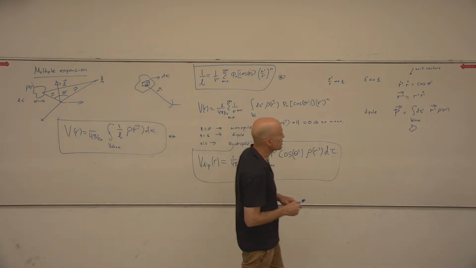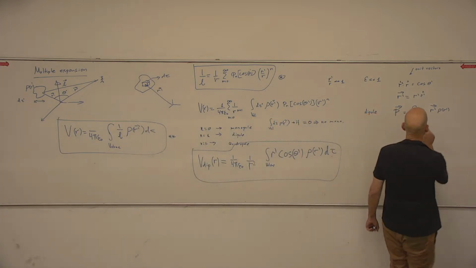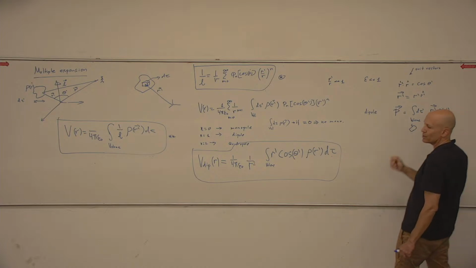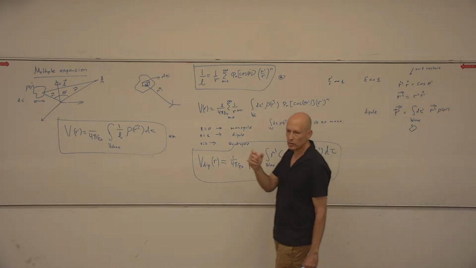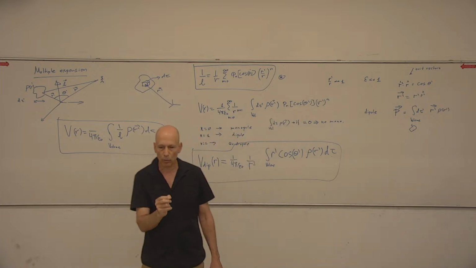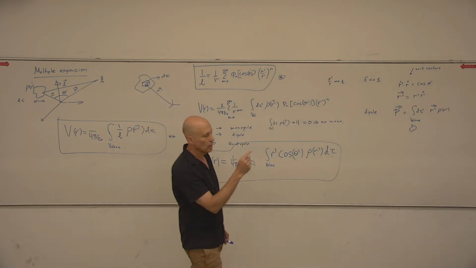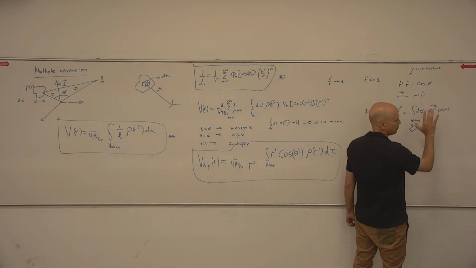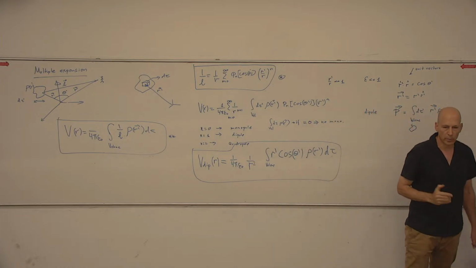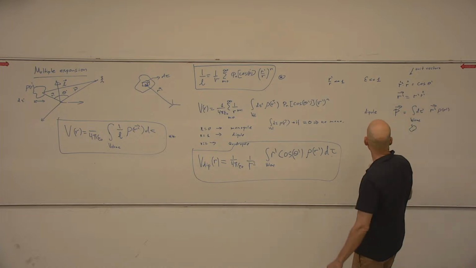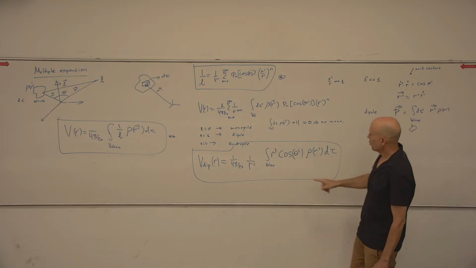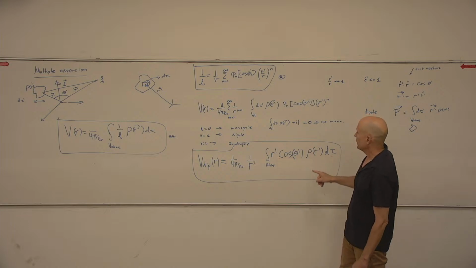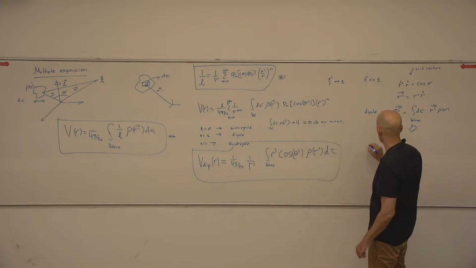And what does it mean? You see here I have d tau times rho of R prime. Rho is charge per unit volume. d tau is an element of volume. That is a small charge at this position R prime, and then I need to add all of them up to get this dipole moment P. And then you see this one, when I do this change of R prime, I can easily write the following.